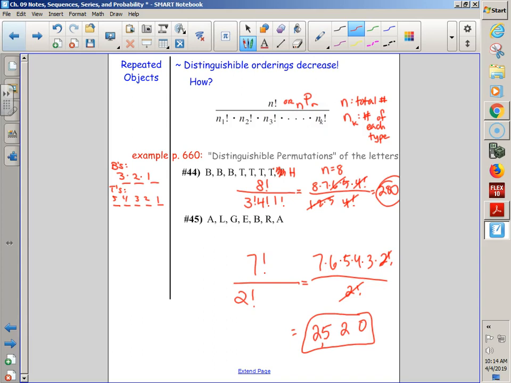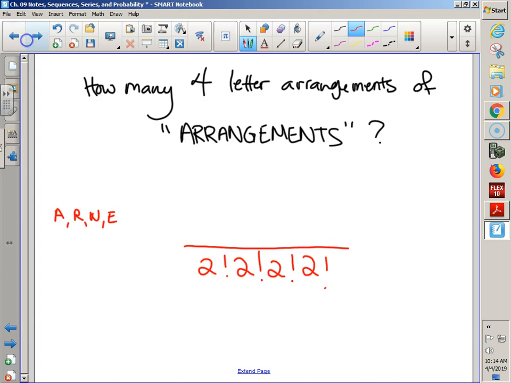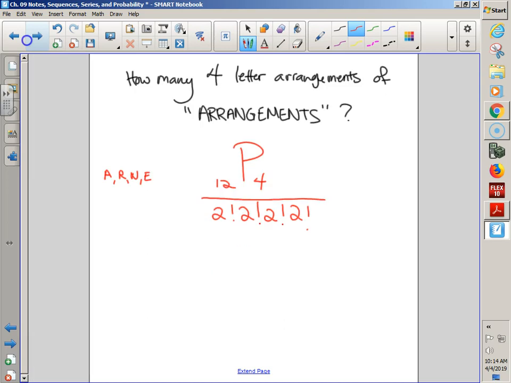N factorial is if you're using all n. nPr is if you're using only some of them. In this one, we're only using some of them. So out of 12, how many are we using? 4. Now, if you needed to write this with factorials, isn't there a factorial formula for that? Wouldn't that be 12 factorial over (12 minus 4) factorial, which is 8 factorial?